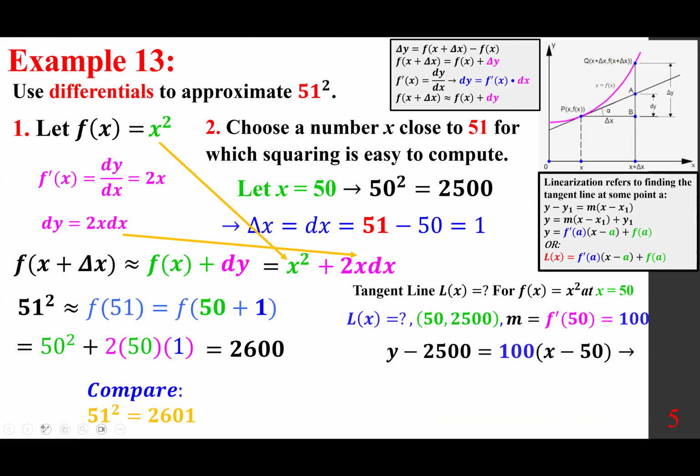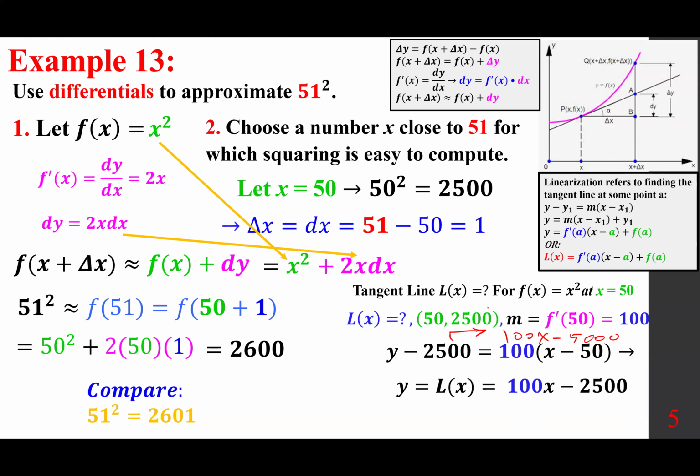Obviously, this is 100x minus 5000. And if I move this one, make it positive 2500, L of x becomes 100x minus 2500.